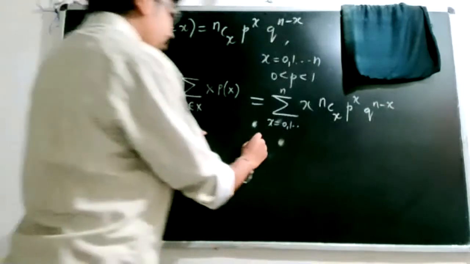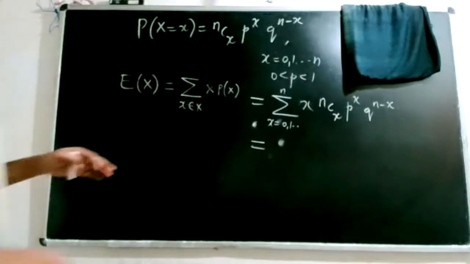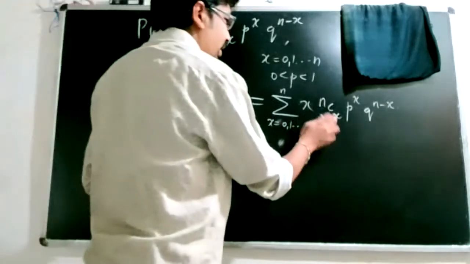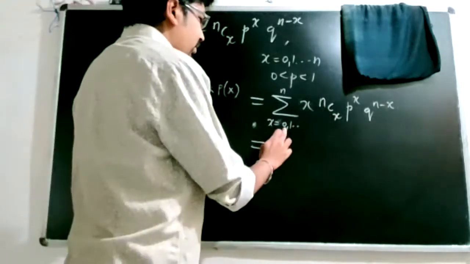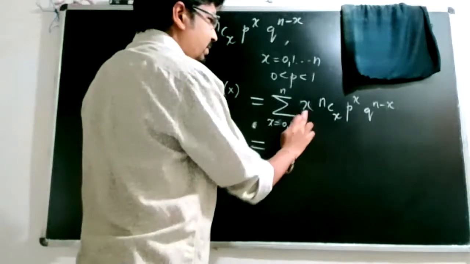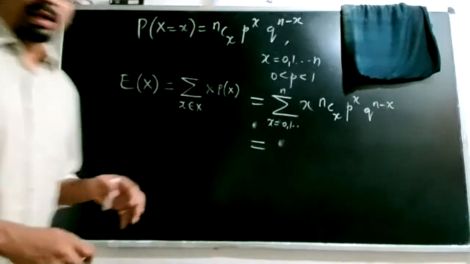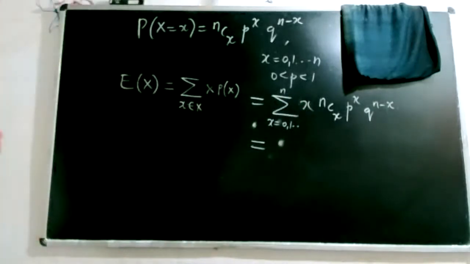What we do here is simplify this by simplifying the combination nCx. Usually we substitute x equal to 0, x equal to 1, and so on up to x equal to n, and simplify that sum.